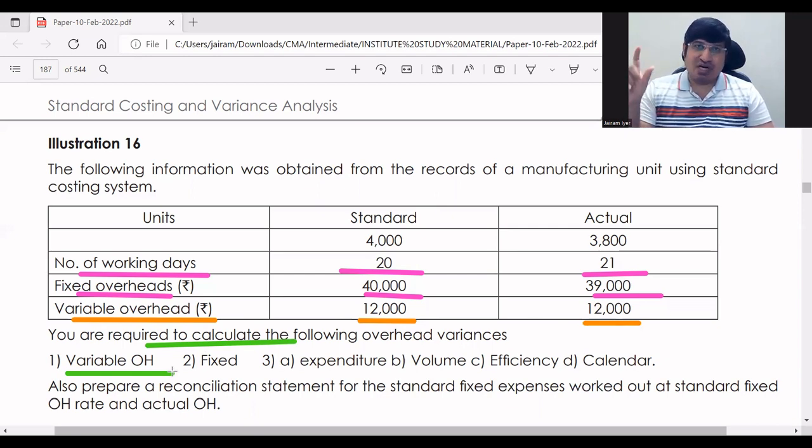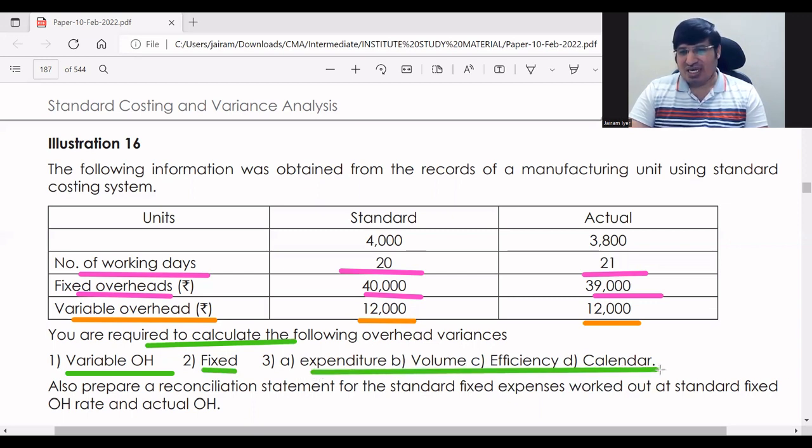Like you have fixed overhead variance, the total one, it is like that for variable overhead. Similarly, number 2, fixed overhead variance, and third is the sub parts of fixed overhead: expenditure, volume, efficiency, and calendar.